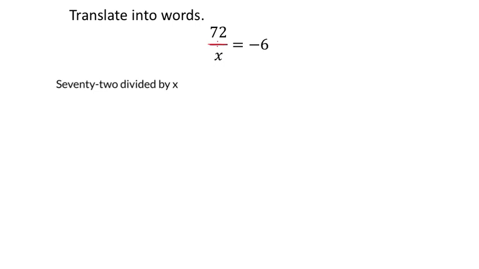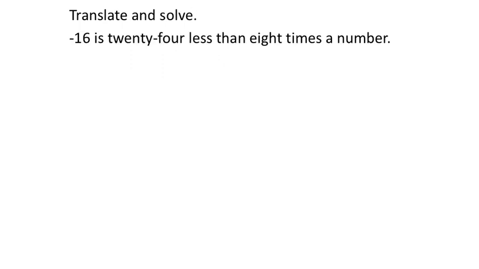Divided by x, equals, -6, boom. No need to make this more complicated than it needs to be, like x goes into 72, however that would be worded. But if you get subtraction or division, don't worry about doing that opposite thing. Just translate it directly and be done.